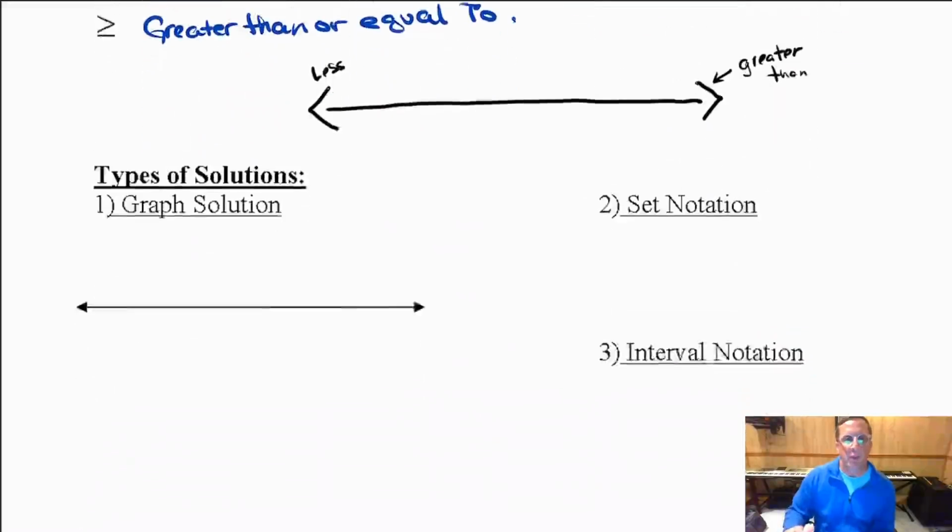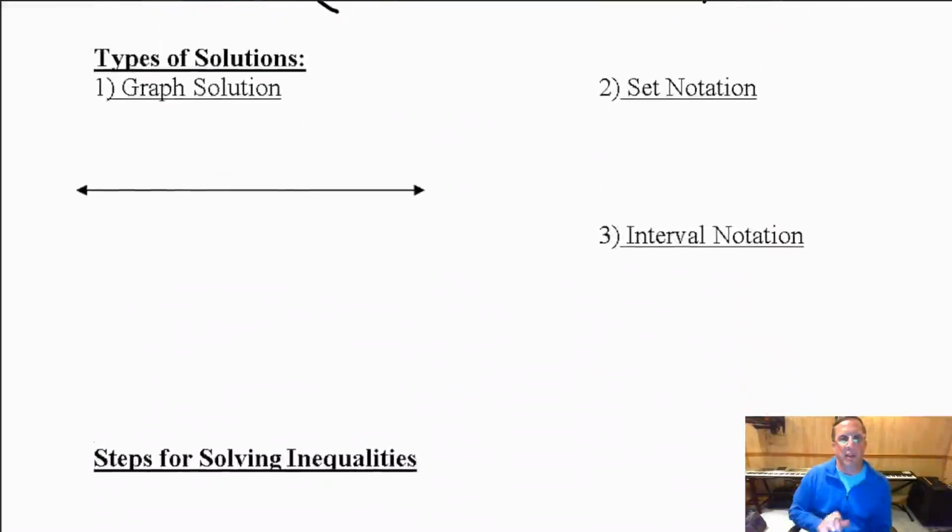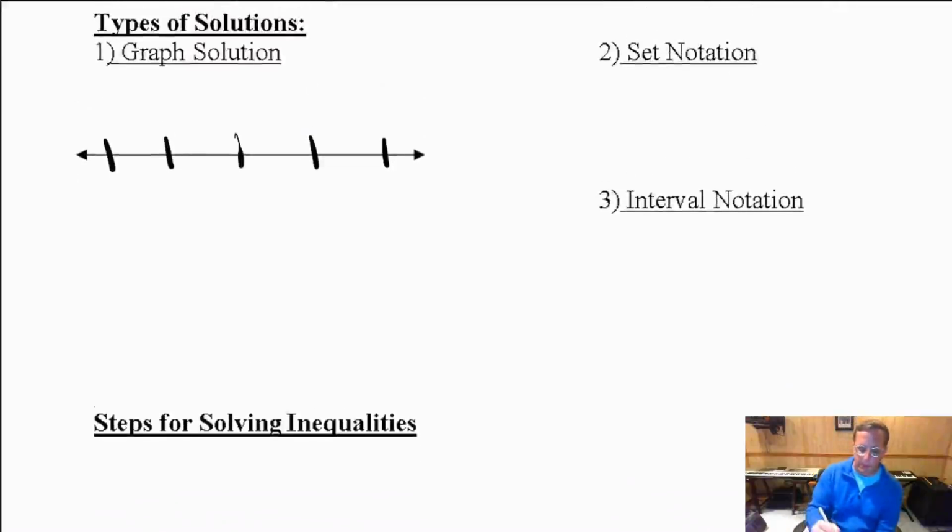Okay. So when it comes to graphing your solution, there's a couple different ways you can graph it on a number line. I'm just going to do a real basic number line here. One way is to put the point itself, let's say we're graphing x is less than 4.